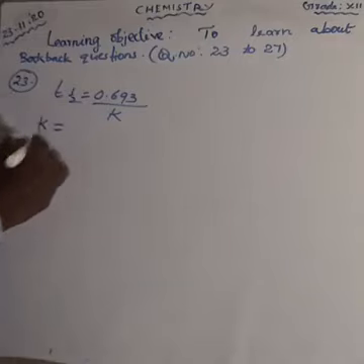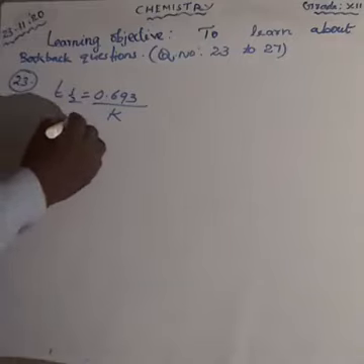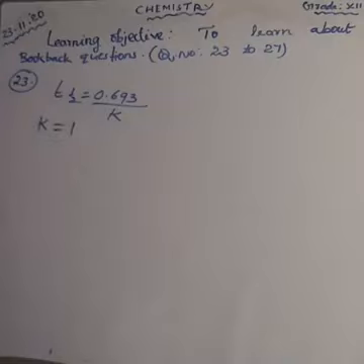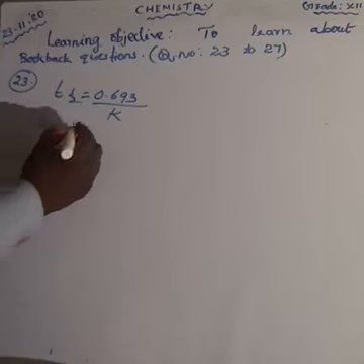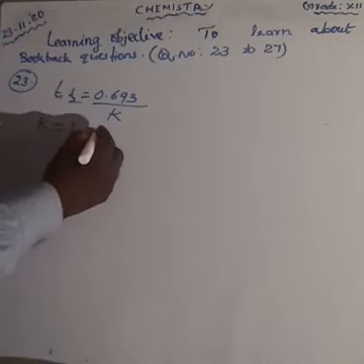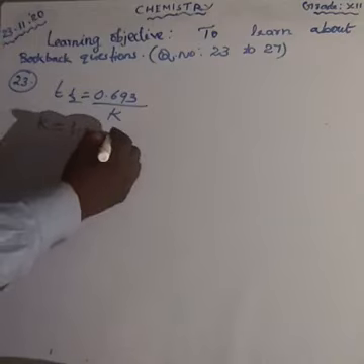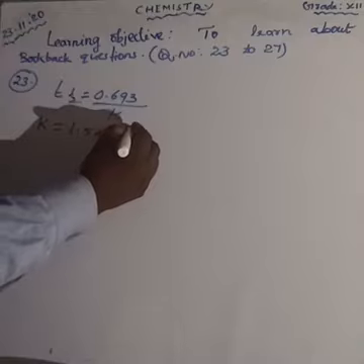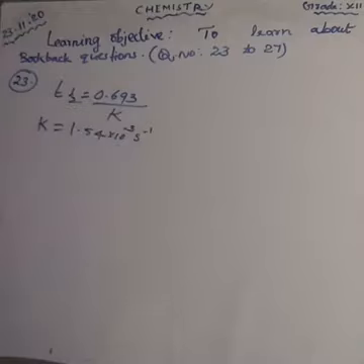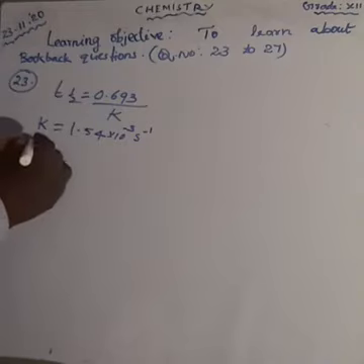K is given for the first order reaction. The rate constant for the first order reaction, K, is equal to 1.54 × 10^-3 second inverse. Substituting this, we can calculate T half.